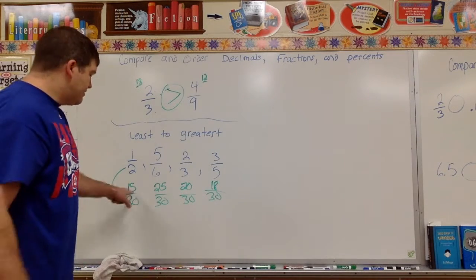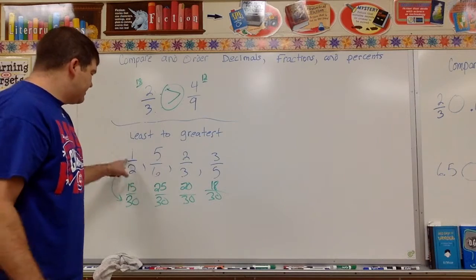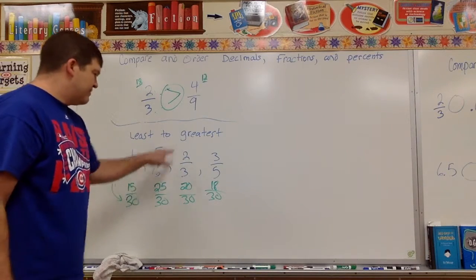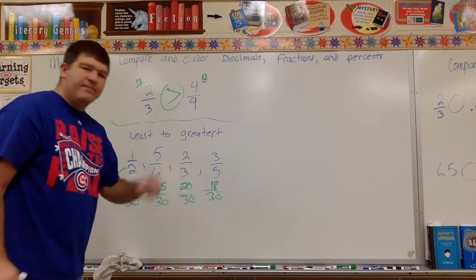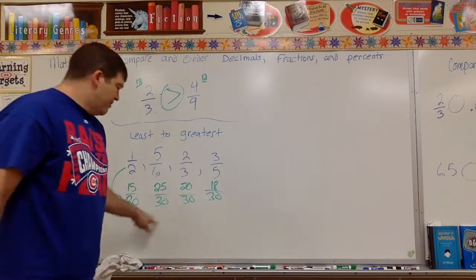All right. So these are all the same. This is the same as this. This is the same as this. Same, same, same, same. But they all have the common denominator now.